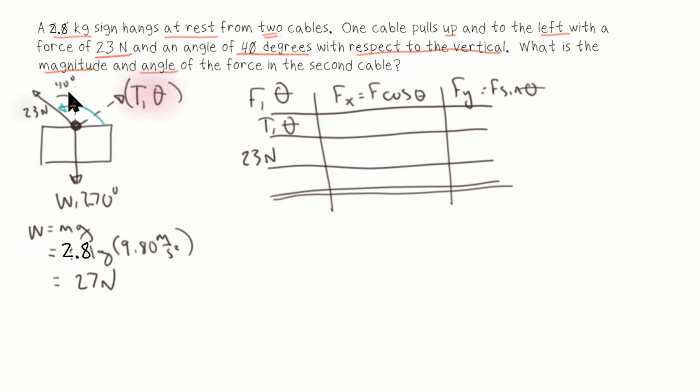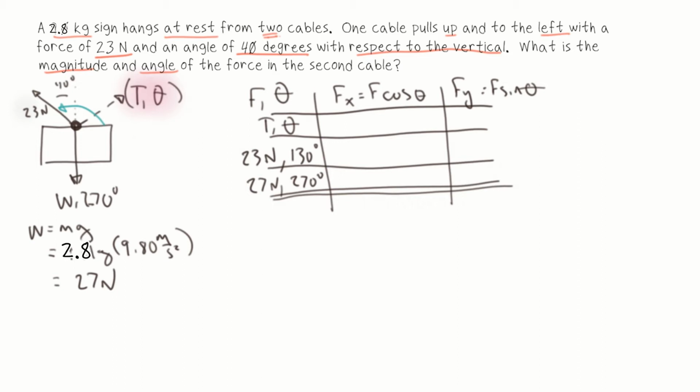So we have an extra 90 degrees we need to factor in there. So that force, even though it's given to us as 40, should be entered into our vector analysis table as 130 degrees. Every angle that goes in that table must be written with respect to the positive x-axis, or this technique will not work for you. And then finally, 27 newtons at 270 degrees.